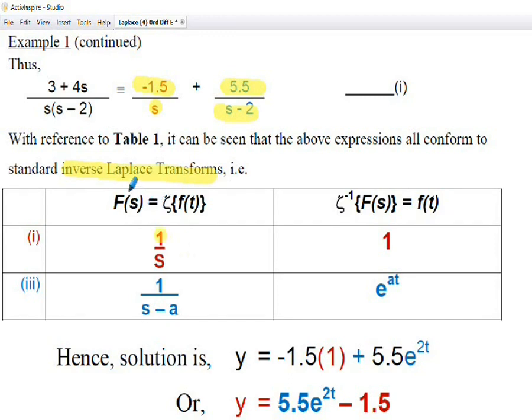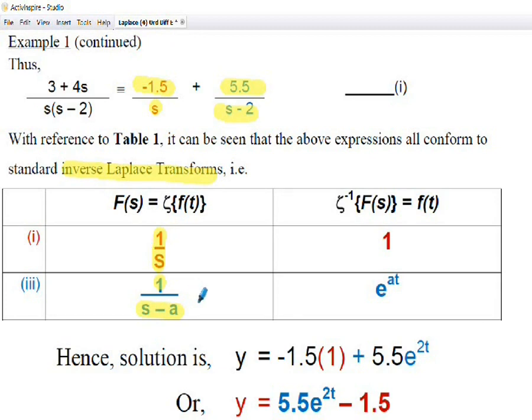Looking at the first partial fraction, I think that's a form 1 upon s. Don't forget the minus 1.5 is basically a factor, so we have minus 1.5 times 1 upon s, if you want to think of it like that. So I think we've got a solution for the first partial fraction, and the second partial fraction again fits the format of 1 upon s minus a, with the 5.5 being a factor.